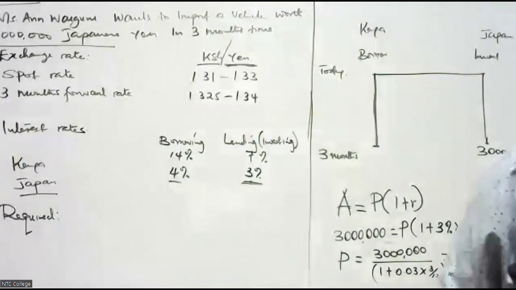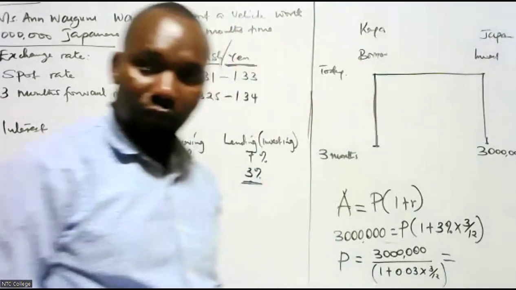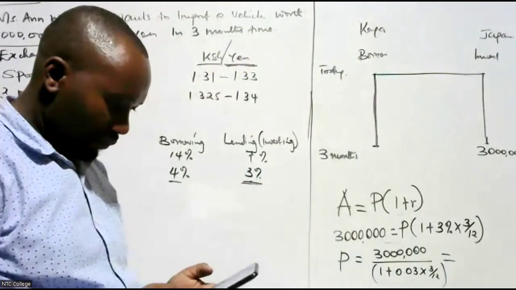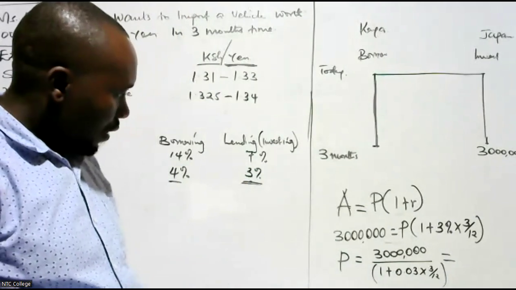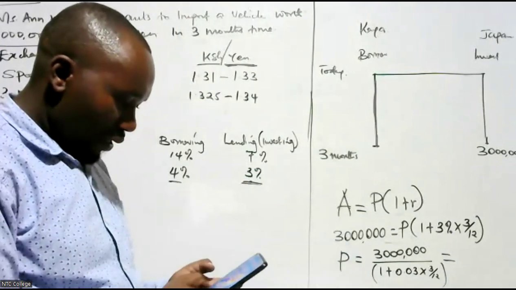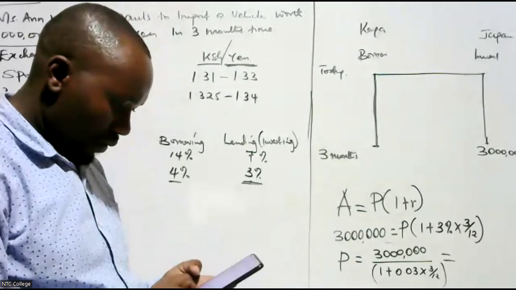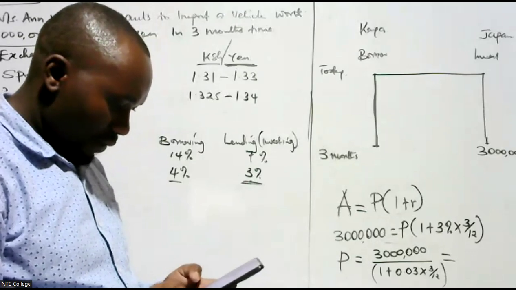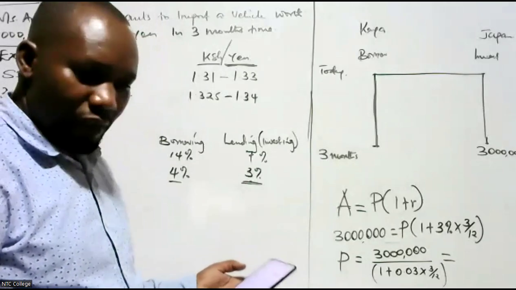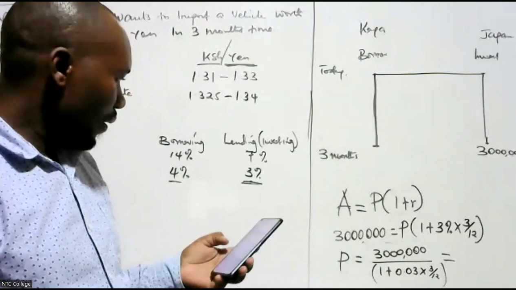I can also check my calculator. So this one is 0.03 times 3 divided by 12 plus 1.